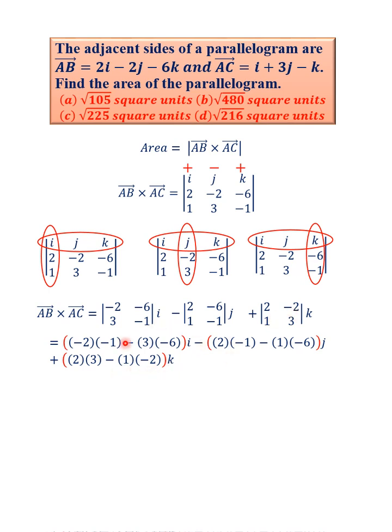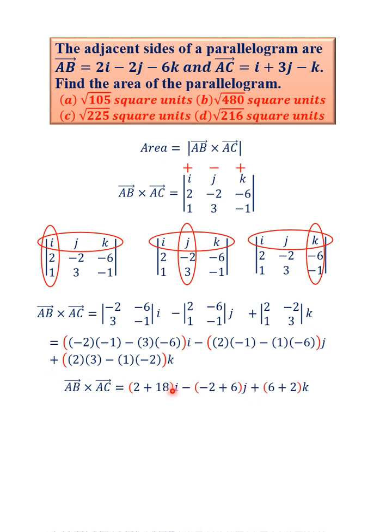Now we can simplify this expression further. AB cross AC will be equal to minus 2 times minus 1 gives us 2, minus 3 times minus 6 gives us plus 18, that is your i. Minus, this is the negative sign here, 2 times minus 1 gives us minus 2, minus 1 times minus 6 gives us plus 6, and then your j comes in.